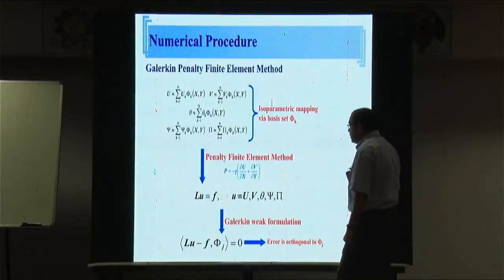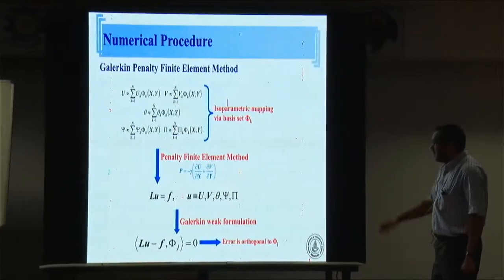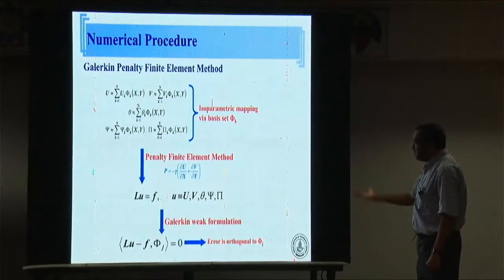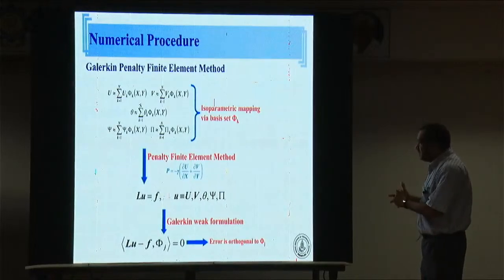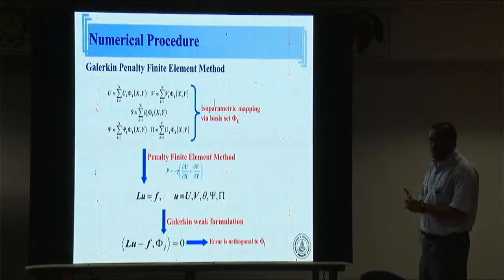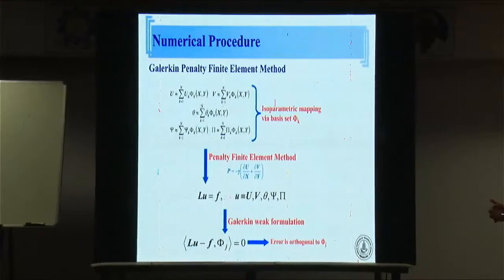P is minus γ times (∂u/∂x plus ∂v/∂y). When you implement that, you have the operator, and then if you expand, the error Lu minus f is orthogonal to the basis function, and we get the algebraic system.